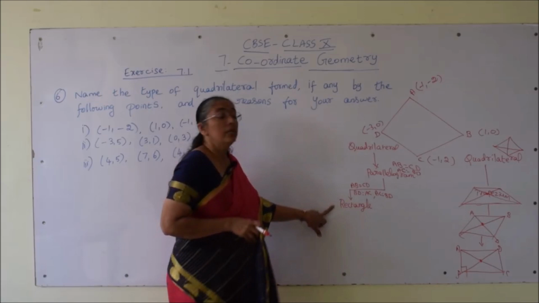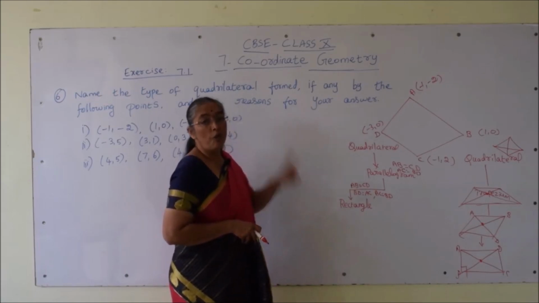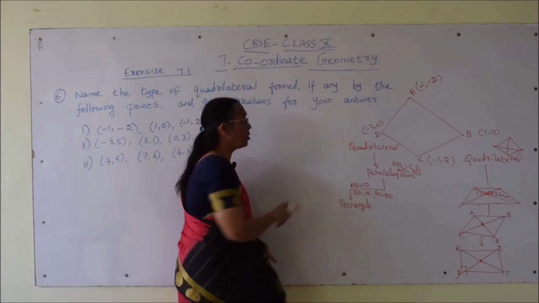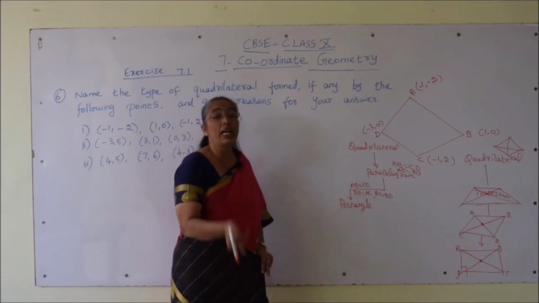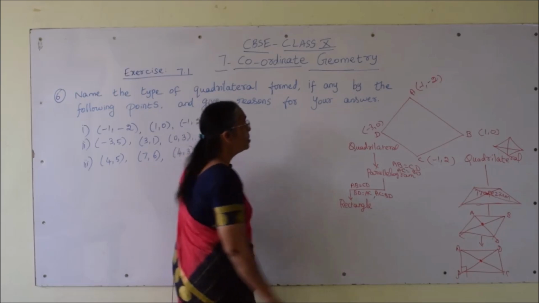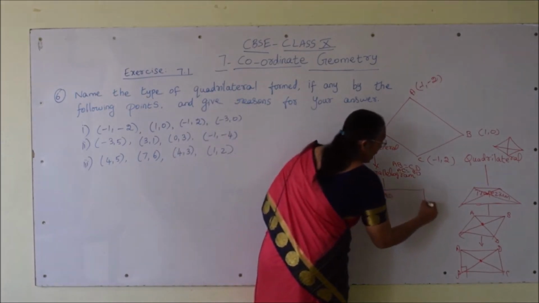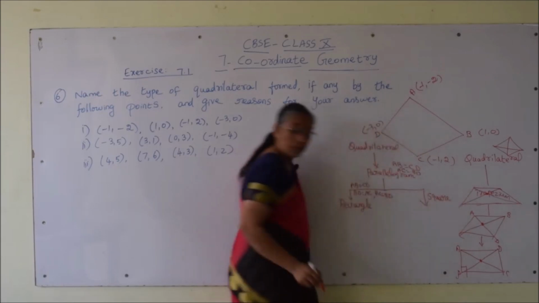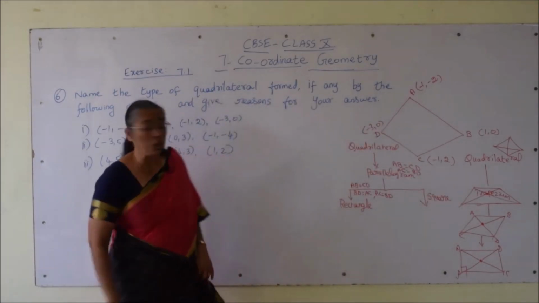To prove the given quadrilateral forms a rectangle, we should prove the opposite sides AB is equal to CD, AD is equal to BC, and also AC is equal to BD. Now, the parallelogram changes into a square; before the square, it will change into a rhombus.